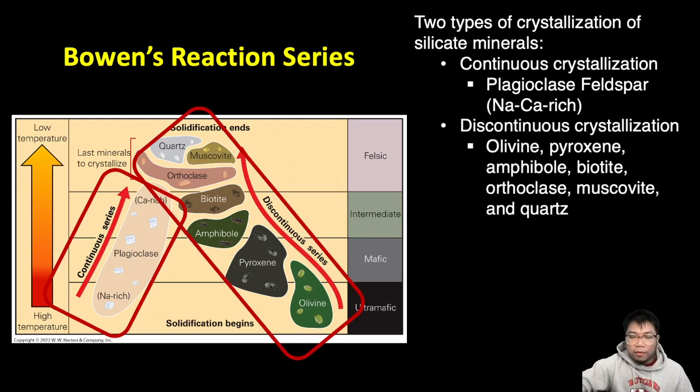And the second arm on the right here, we have discontinuous crystallization processes. Okay, and the examples of the minerals that belong to the discontinuous series are all of these minerals that I have right here. Okay, all of them, all the way to quartz.